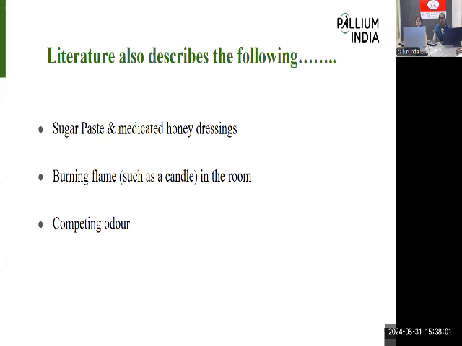Also, if there is a malodor there, then you can use other odors, some other good smells, so that way we can control malodor.